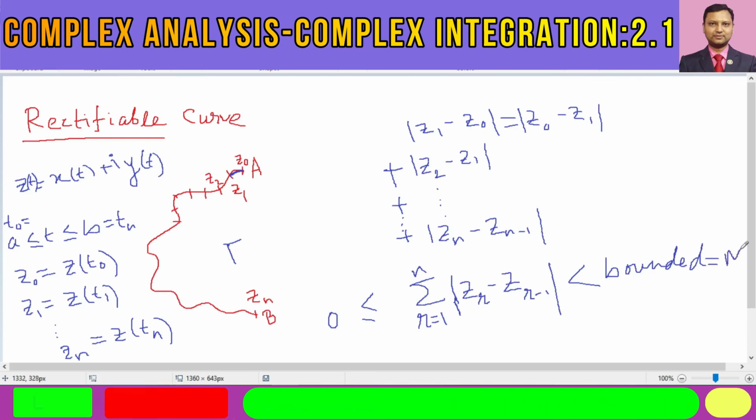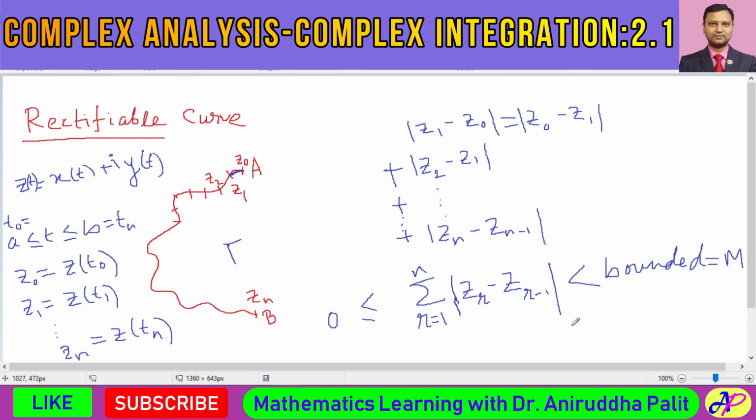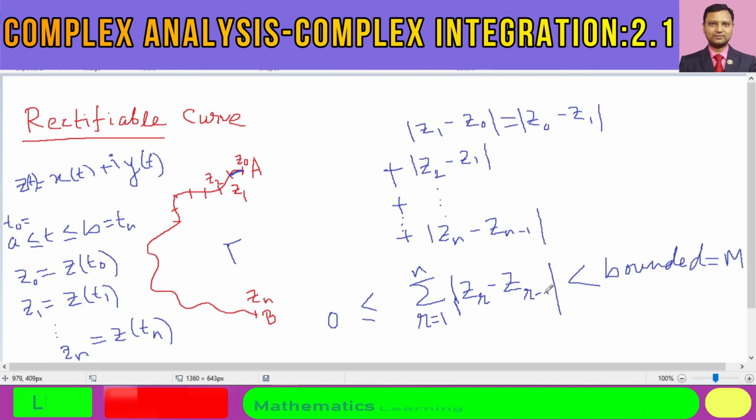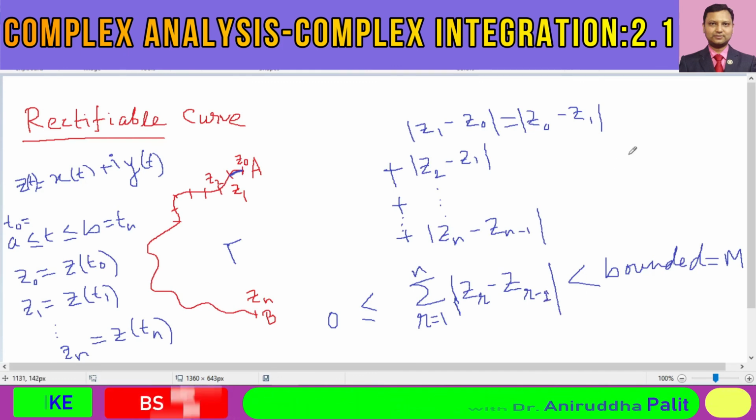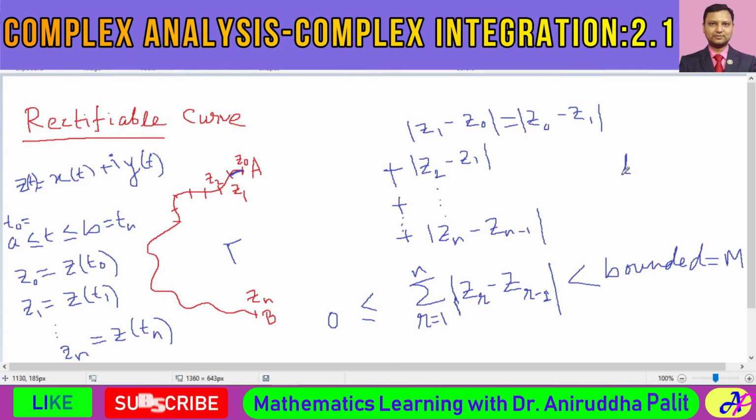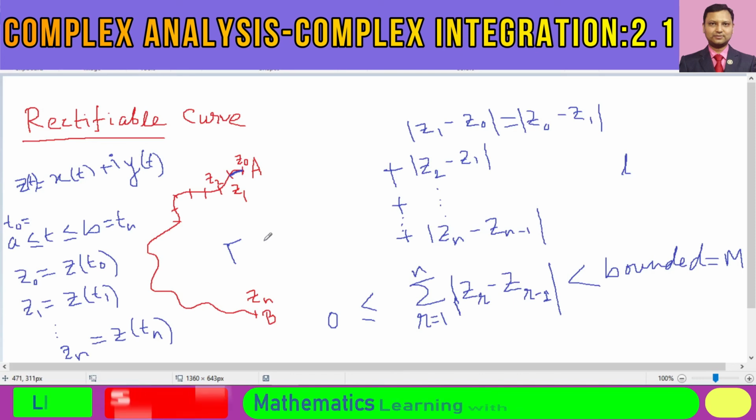then we can say that yes, ultimately as n tends to infinity, this summation will have a certain upper bound, and this summation will have a certain limit, and that limit L is called the length of this kind of curve gamma.